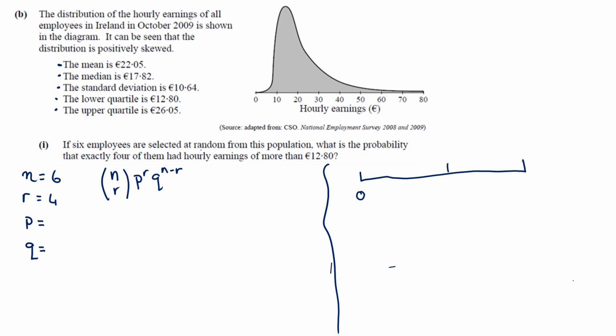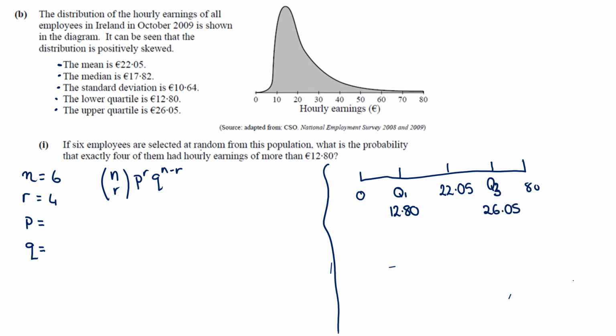We have then in the middle our median. Our median is 2205. We then have our top, so that's about 80. Then about a quarter of the way through the data, we have what's called Q1, and that is our lower quartile, and that is 1280. And up here, 3/4 way through, we get Q3, which is our upper quartile, which is 2605.